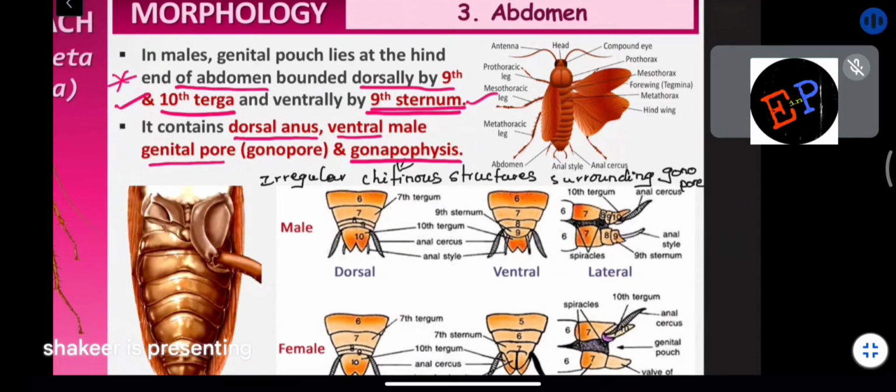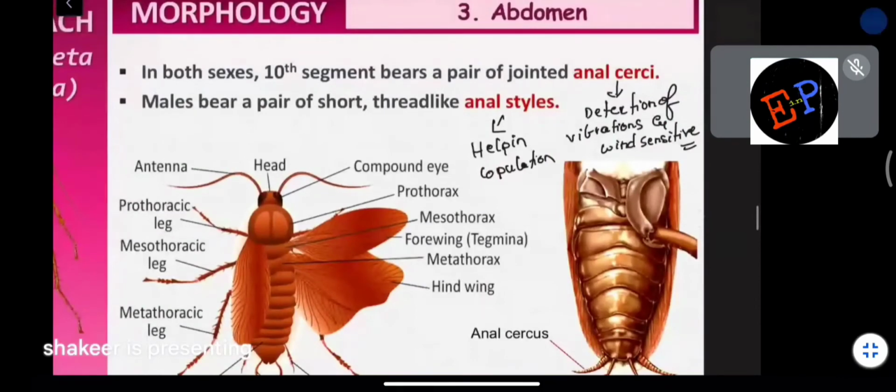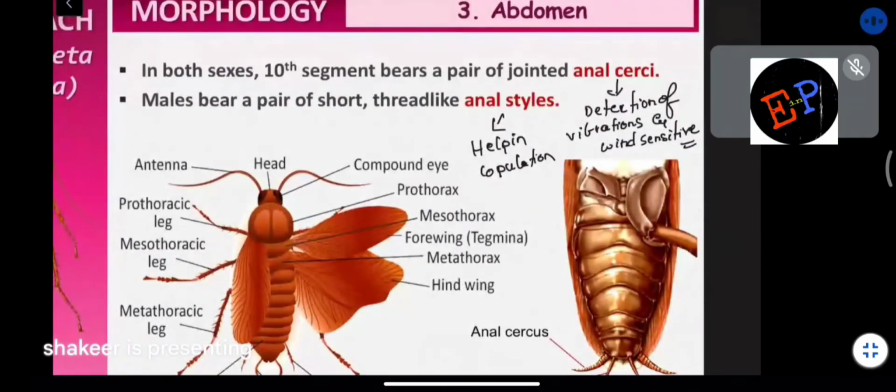So the genital pouch is made up of the 9th and 10th dorsal terga and the 9th sternum on the ventral side. Clear? That's it.